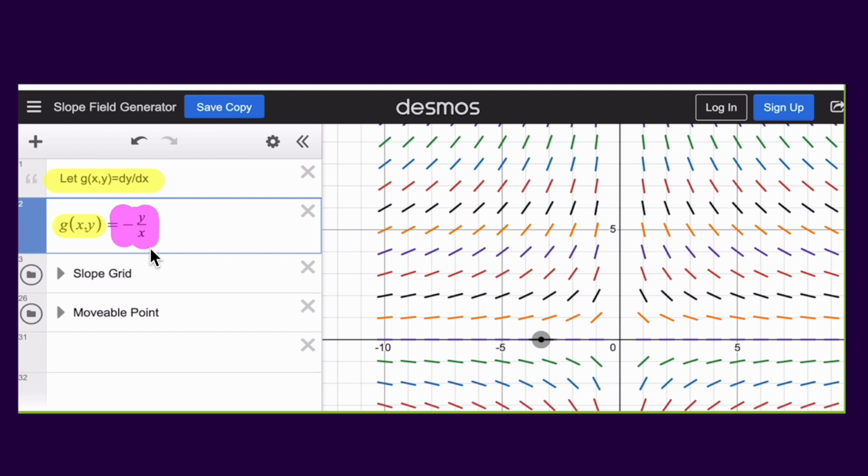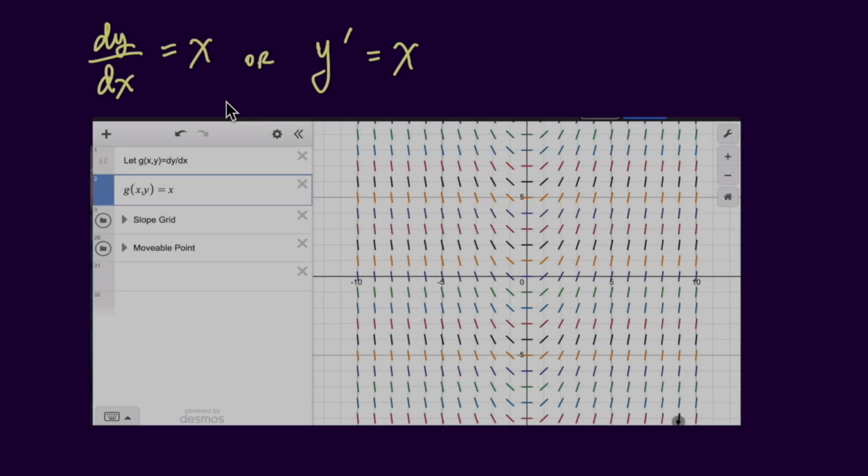So again, when you generate a slope field, you must have this as dy dx equals negative y over x. And this is what you type in to get your field created by Desmos. Folks, I couldn't find this just going to desmos.com. I'm not smart enough. Maybe it's easy to do it. But again, if you Google those three words, slope field generator, it'll bring you to this window.